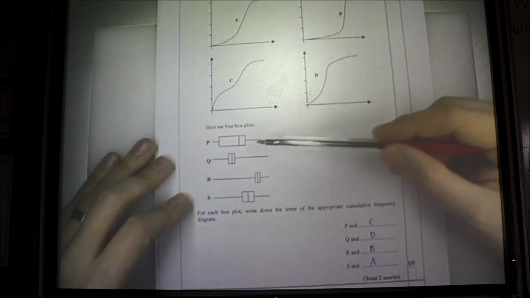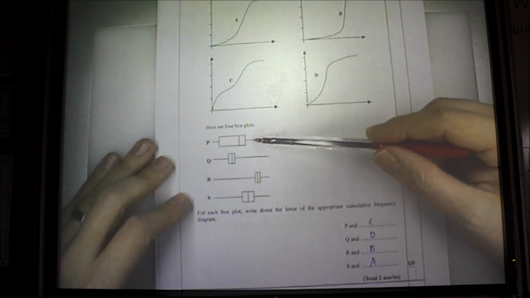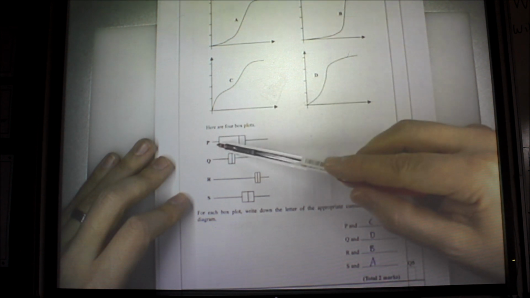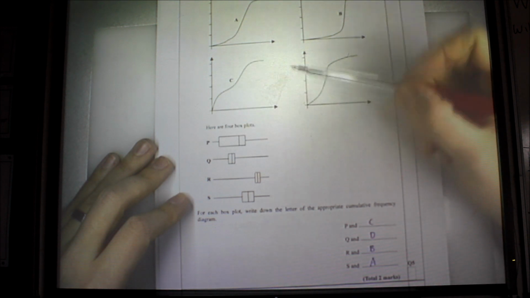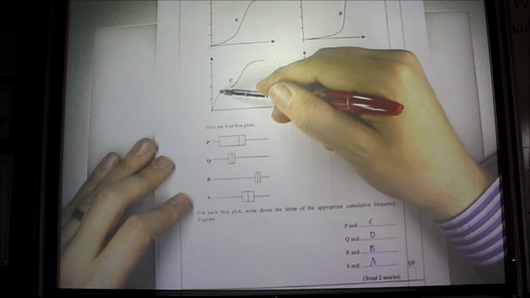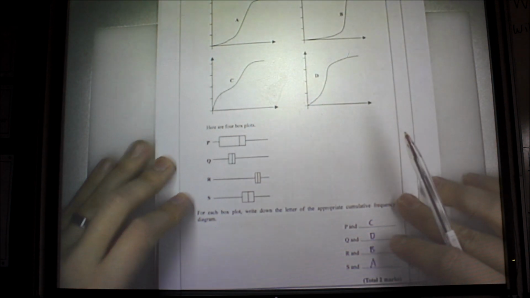And the last one is P, and that's got quite a big interquartile range, and that probably takes into account there, because the interquartile range there will be something between there and there, I'd suggest. So that's why that one will go with P.